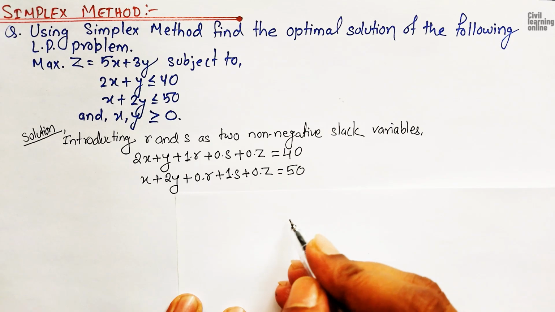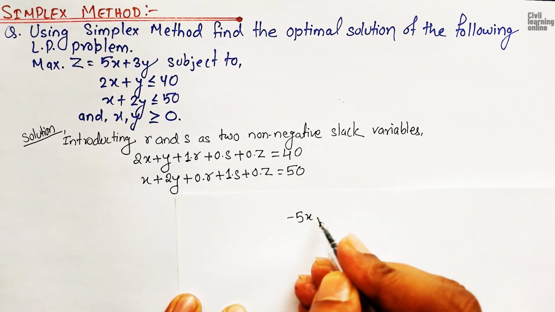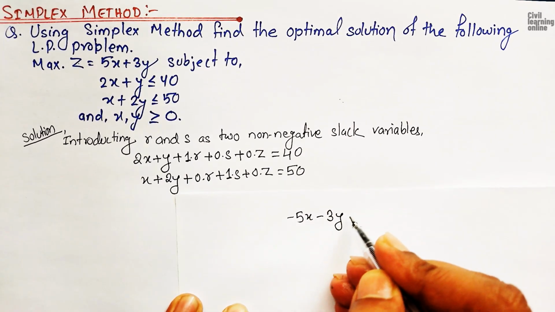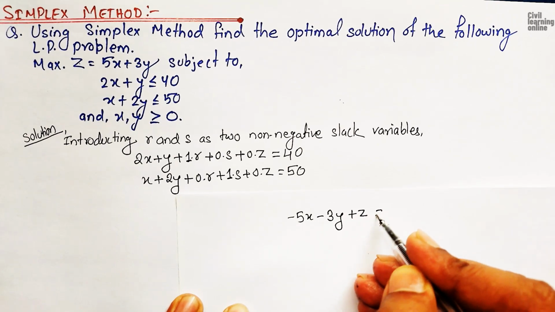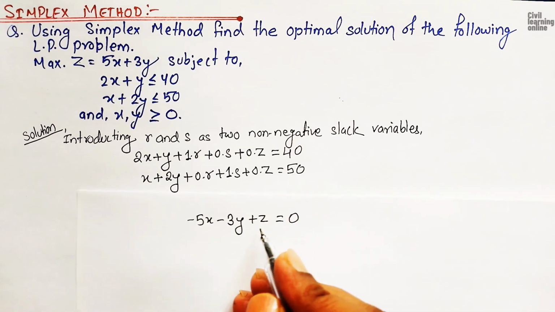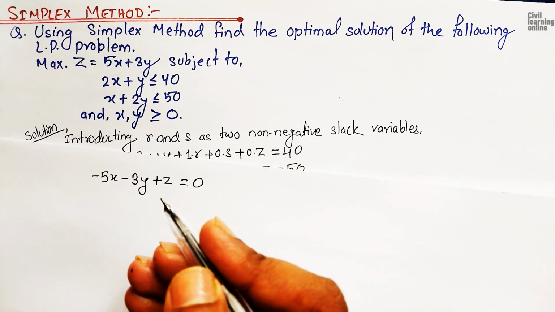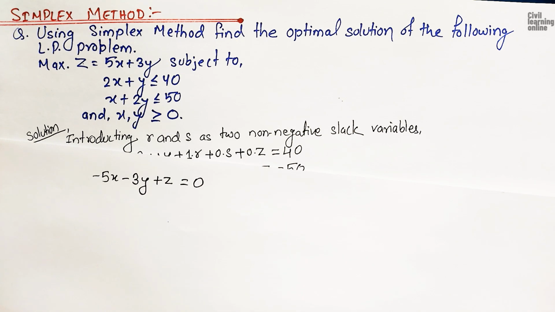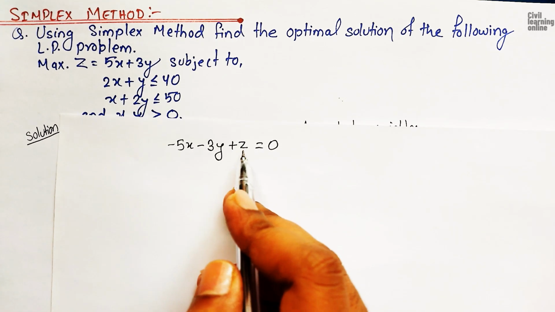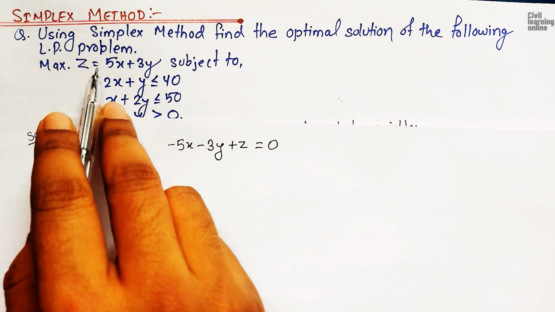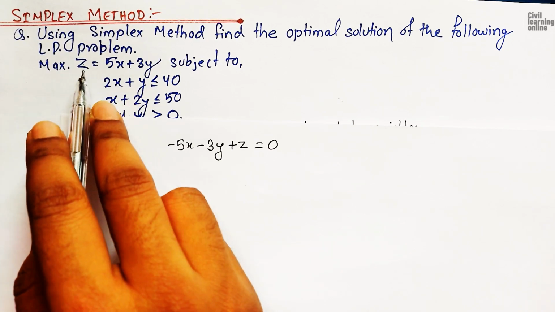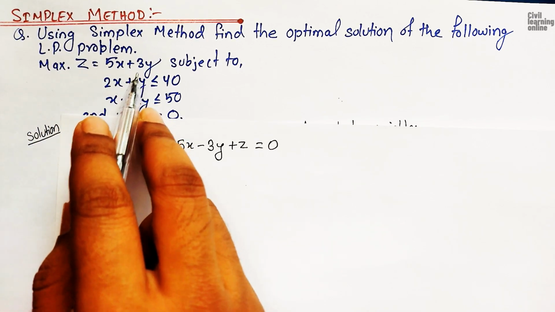So we will have minus 5x minus 3y plus z equals to 0, and z is going to be our optimal solution, or the optimal value of the given function f(x, y) equals to 5x plus 3y.